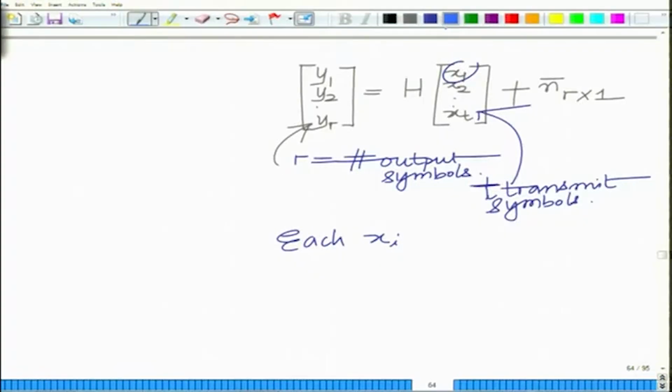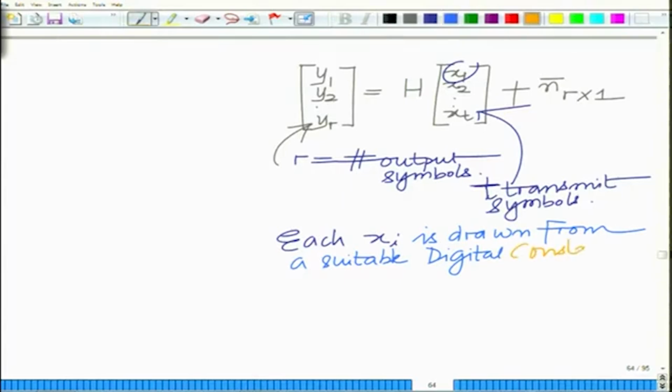So, each xi is drawn from a suitable digital constellation for a digital wireless system. Example, BPSK.